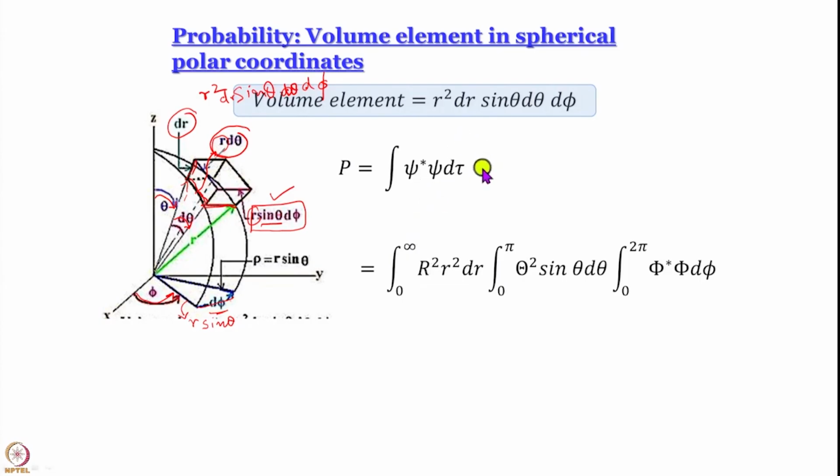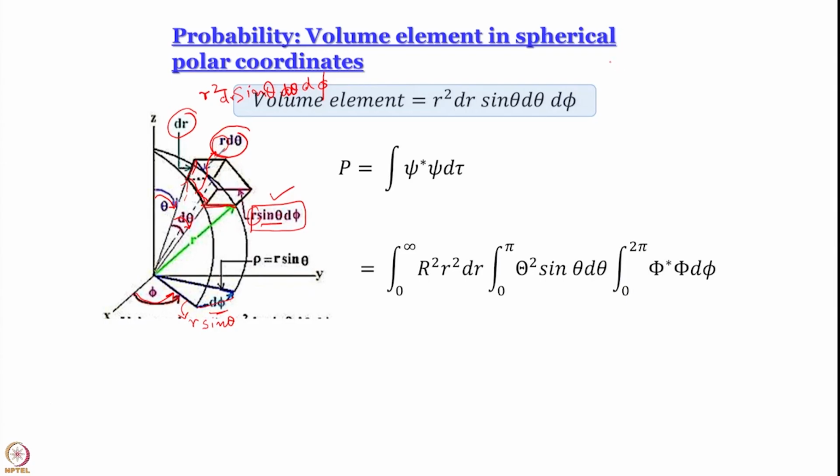Psi is capital R into capital theta into capital phi. You might remember that capital R is real, capital theta is also real, and capital phi is an imaginary quantity.